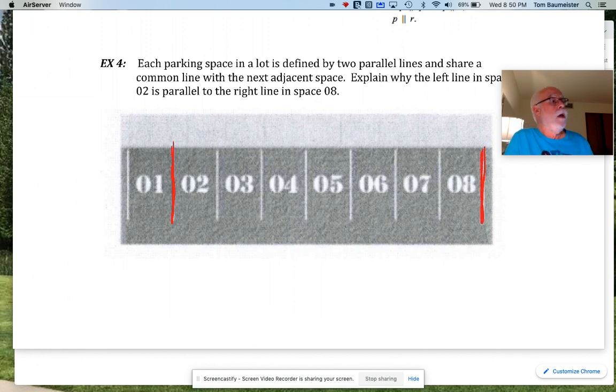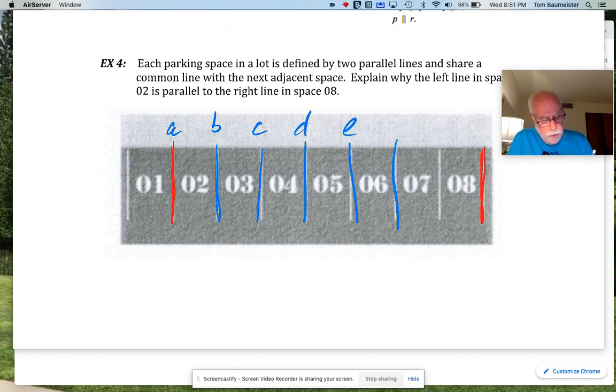They've told us that this angle 1 right here, let's name it A, is parallel to B because they told us they're all parallel, which is parallel to C, which is parallel to D, which is parallel to E, which is parallel to F, which is parallel to G, which is parallel to H.